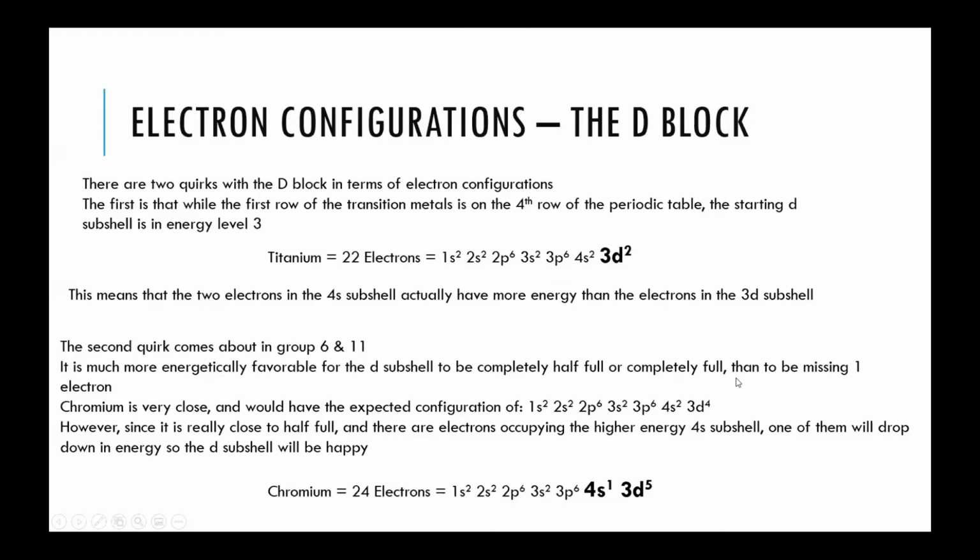So when looking at electron configurations of the d orbitals, you have to keep these two things in mind: when you're starting on the transition metal electrons, the energy level drops for the d subshell, and in groups 6 and 11, there is this little quirk where one of the higher energy electrons would fill in the remaining part of the d subshell.